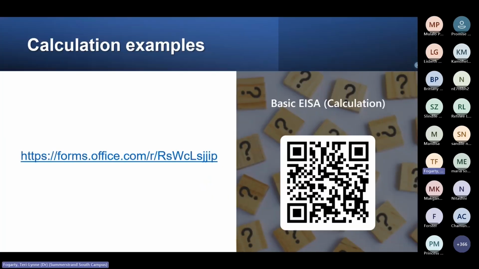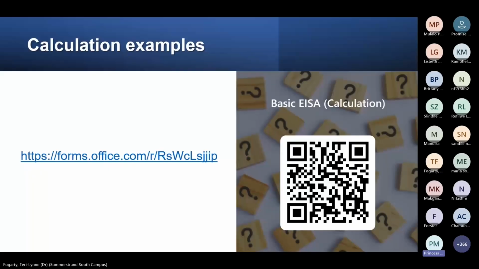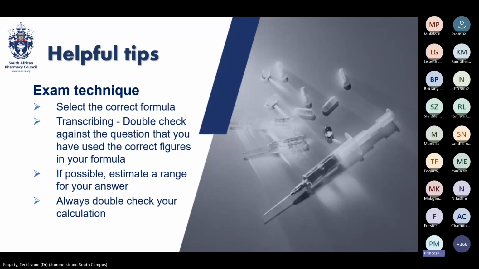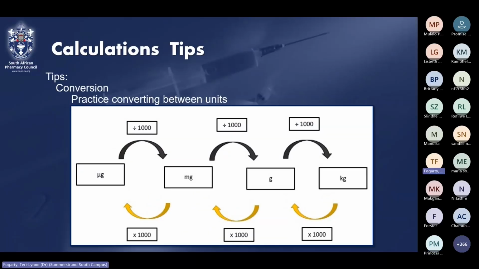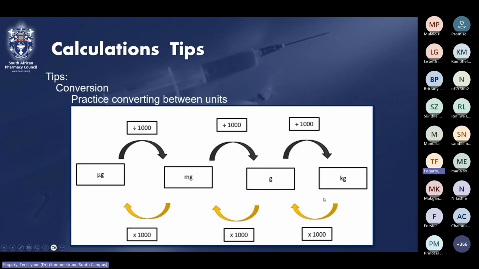Let me take you back to this presentation. So if we look at the presentation, we said if we're going from milligrams to grams, we're going to divide.